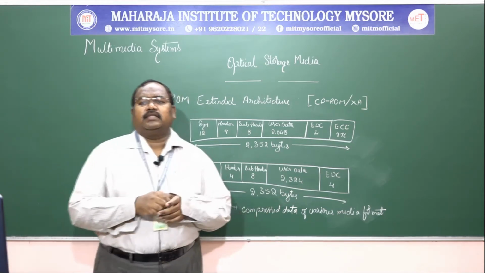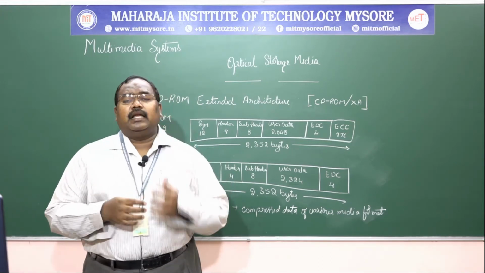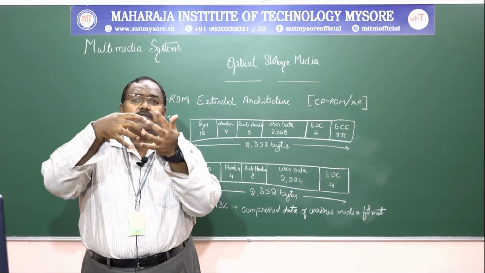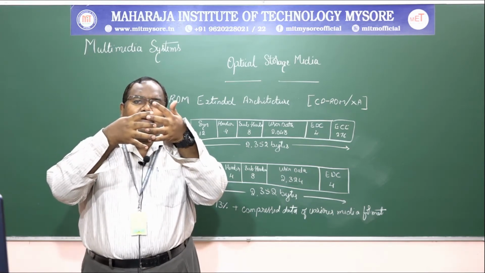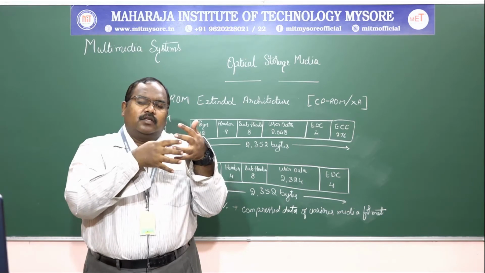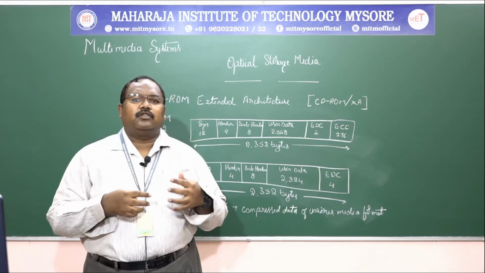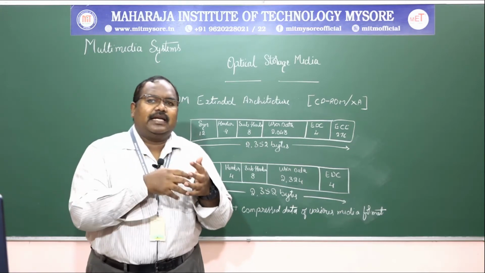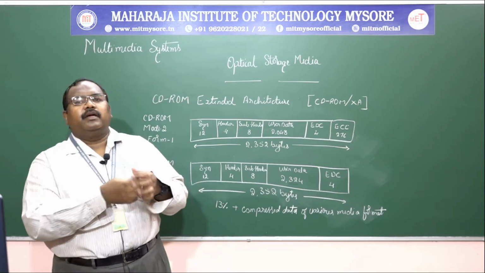Why is it not the case here? Because here the data are stored concurrently in an interleaved format. So if a damage or a scratch has occurred, not complete data is lost, only a portion of the data is lost, so that it can be detected, corrected or rectified, and finally retrieved.